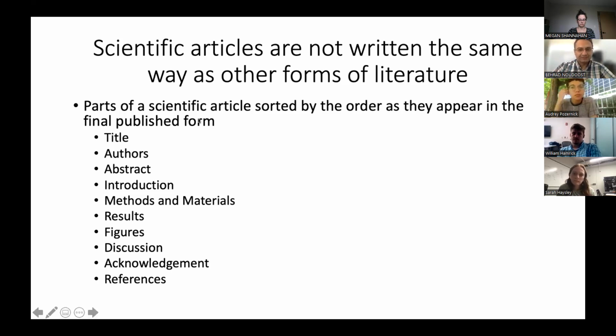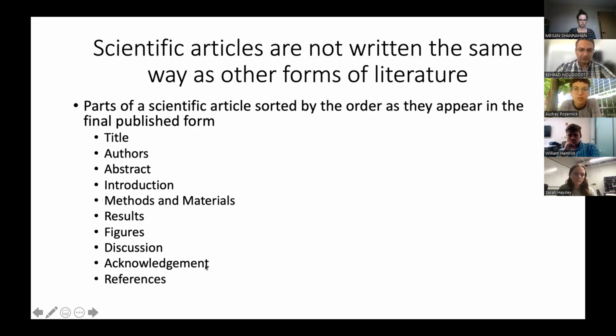They are usually using such an arrangement of different sections: a title, a list of authors, a short summary of the findings and the point of the paper, the abstract, an introduction about what the idea is and what the research article is trying to achieve, methods and materials that are used to achieve those goals, results of their findings, figures, and then a discussion based on their results and findings regarding their goal.